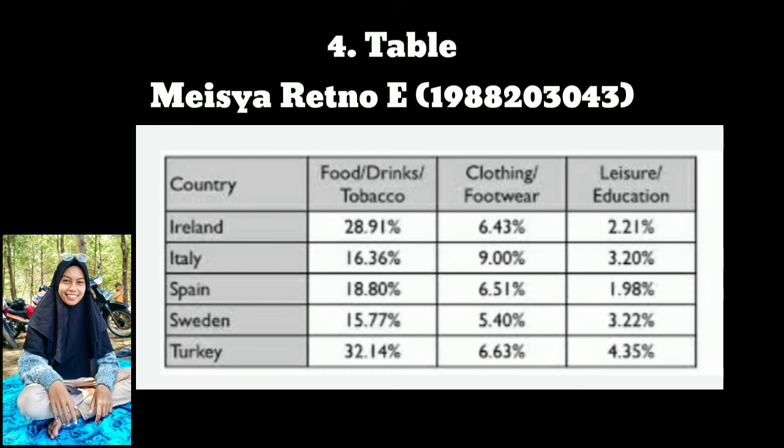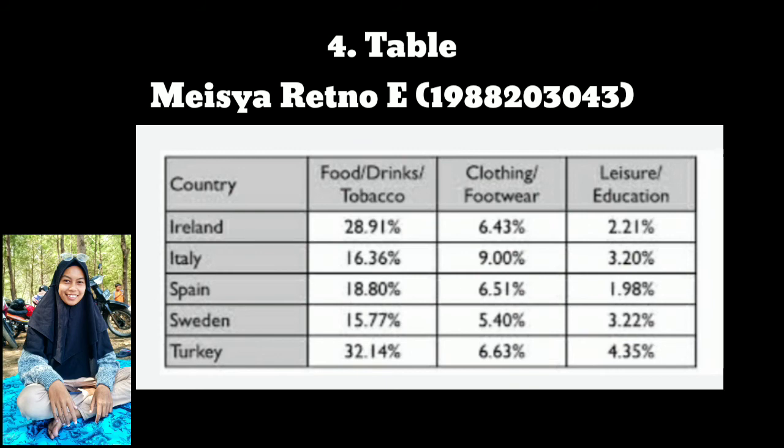Table function. A table is a list containing a number of information data. For this reason, in use, a table has several functions, including making it easier to read data because it is systematically arranged so that understanding it will be easier.